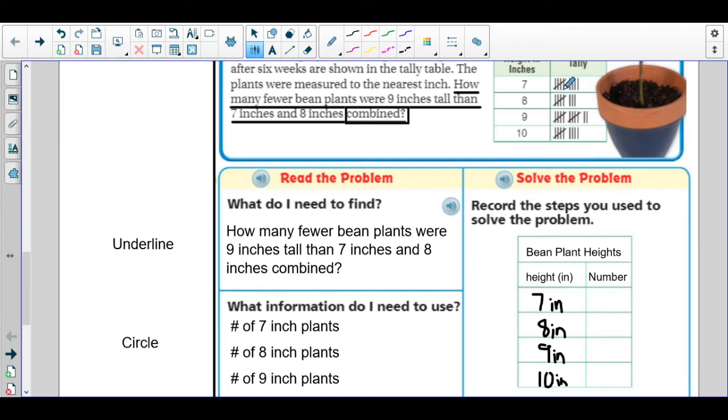So for 7-inch plants, we had 5, 6, 7, 8, 9. 9 of those. 8-inch plants, we have 5, 6, 7, 8. 9-inch plants, we had 5, 10, 11, 12. And for the 10-inch plants, we had 5, 6, 7, 8, 9.